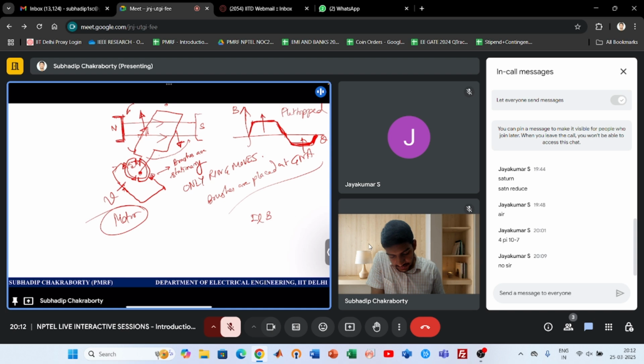Okay. So force, right? So ILB. So you just use your right hand, right? So you place your finger and then you try to curl. Sorry, it will be in the other direction because for IL cross B, the force on this conductor is coming opposite, right?